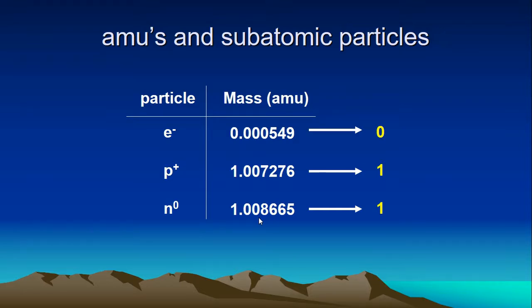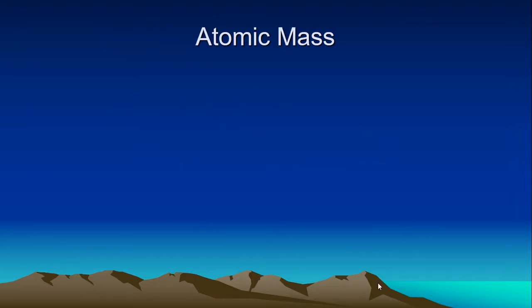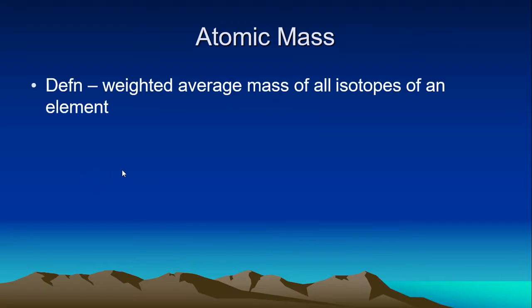If in a problem you are given the more precise values for your masses, because it's taking into consideration these differences between the proton and the neutron mass, then you must use those more precise values. If it does not give you the more precise values and you're using the estimated 1 AMU, then you can use that.